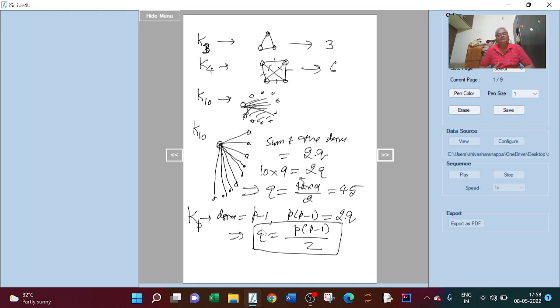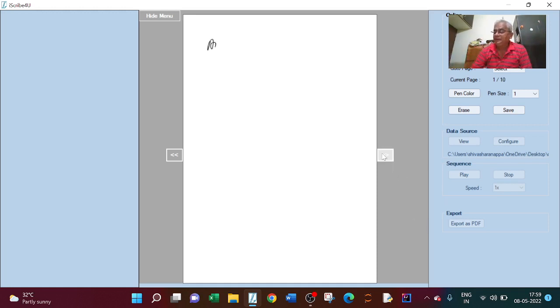And the complete graph consists of the maximum number of edges, and any other graph with p vertices must have edges less than or equal to this. If it is not Kp, then definitely the number of edges must be less than p into p minus 1 by 2. So therefore we can write: for any graph with p vertices, q is less than or equal to p into p minus 1 by 2.